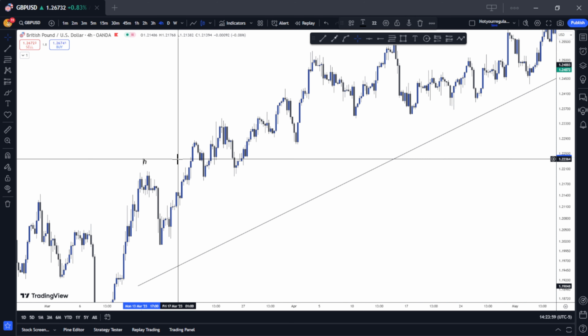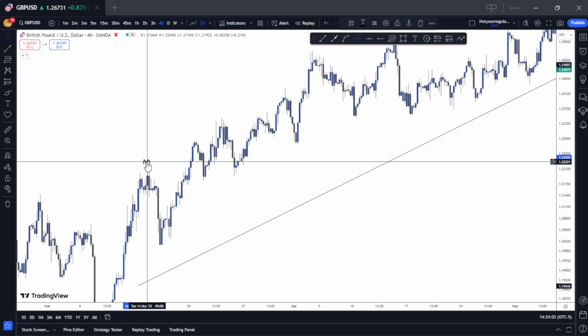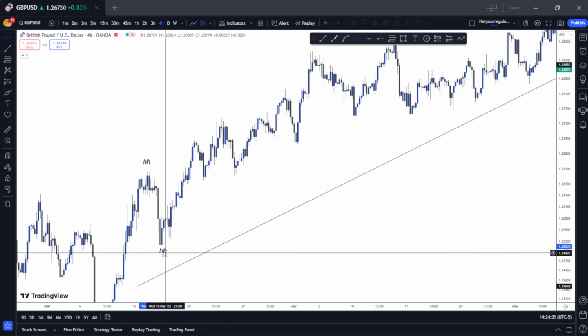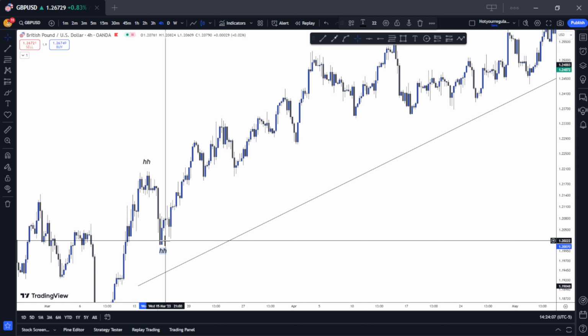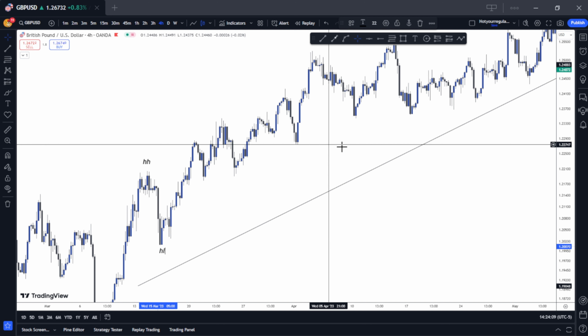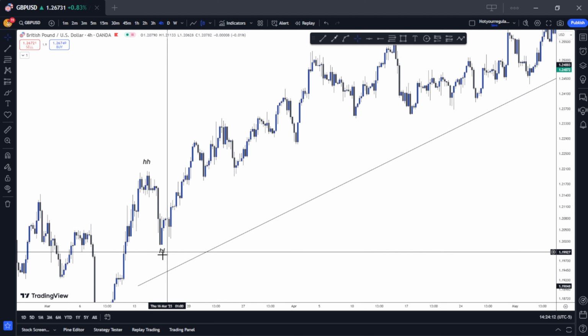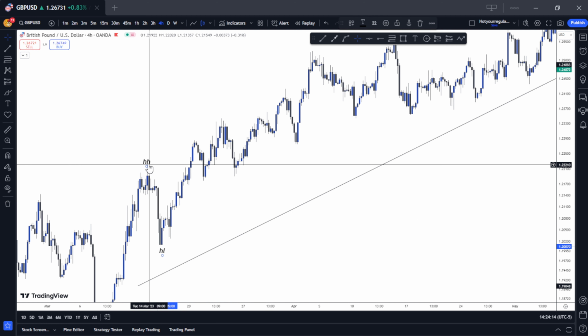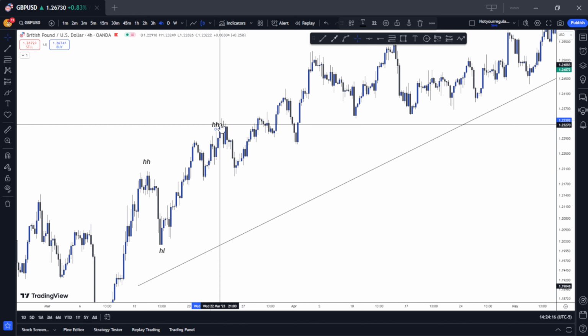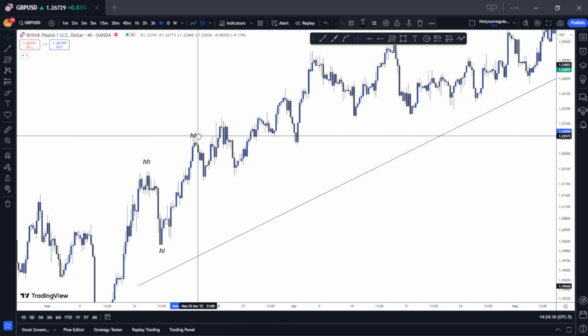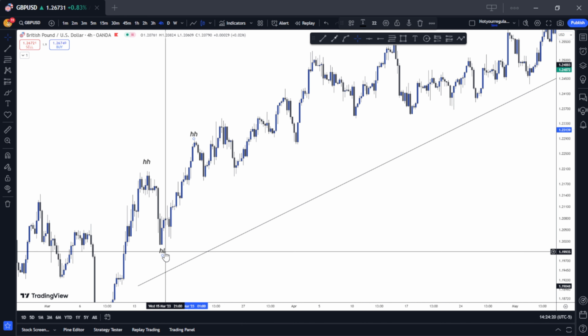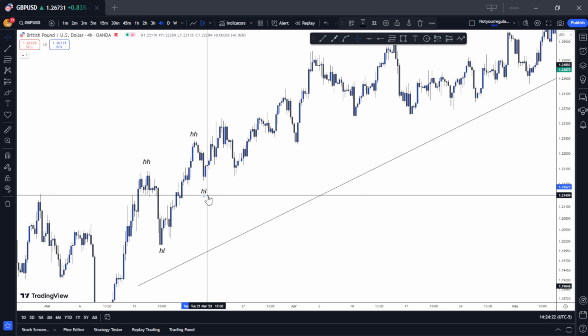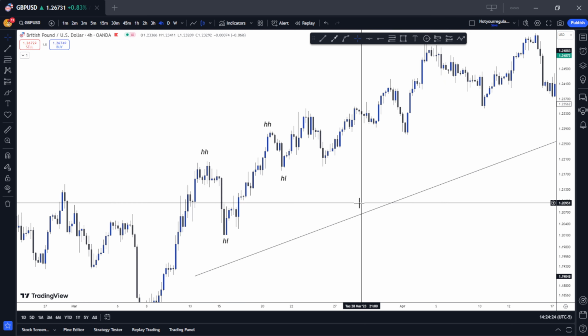You can see here, this was our higher high, and this was our higher low. This was our new higher high, and this was our new higher low.